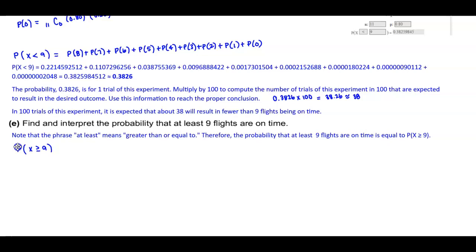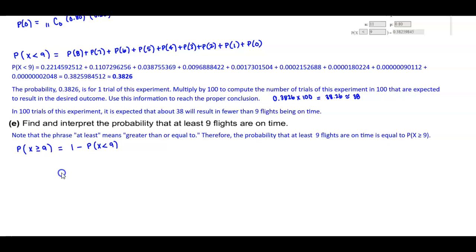So whenever we have greater than or equal to 9, as opposed to less than, we want to be able to find the complement. What that means is we need to take the value of 1 and subtract the probability of x being less than 9, which we already did in the previous step.